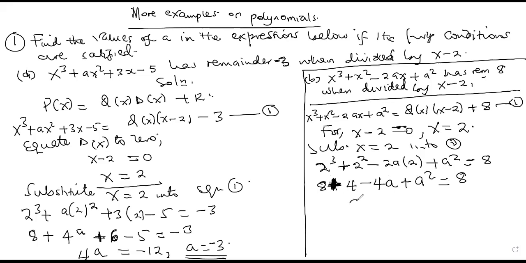And this one will give you a squared minus 4a minus 4a. Then this is 12 minus 8, it will be minus 4, rather plus 4, giving you a 0. And if you factorize this, you're going to get a minus 2 times or squared, which is equal to 0.